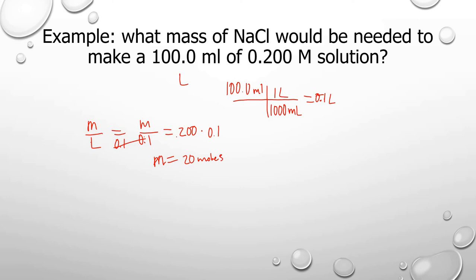Okay, now it asks for grams though. Oh, okay. So now what do we do? We've got moles. Think about the mole map. Okay, so we want to convert it to NaCl. Yep.